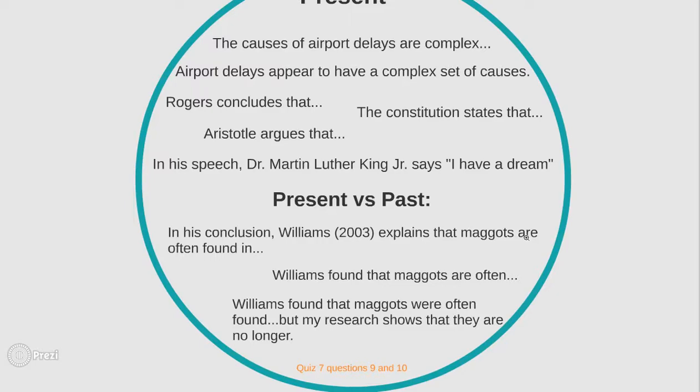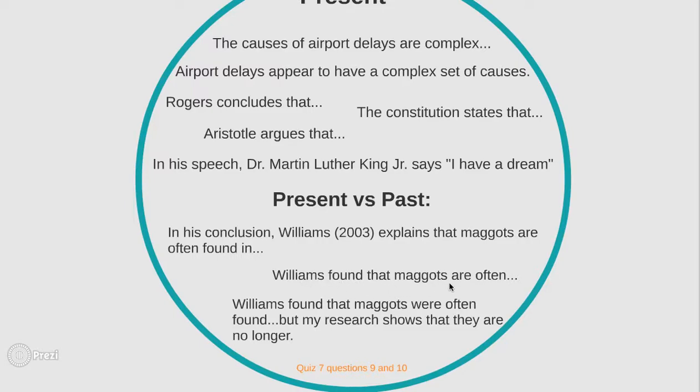If it's something that happened in the past only one time and it's not happening anymore, then you use the past tense. Just like this, Williams found. So again, this is the text, and Williams found. You can use the present tense. It really depends on the situation. But most of the time, the finding is something that happened in the past one time.